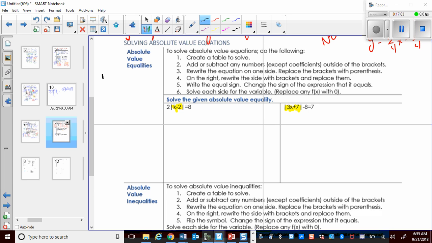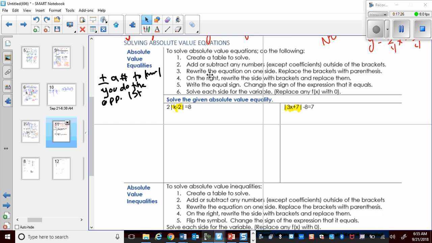Now, things that are important here. If you are adding or subtracting a number to what's inside the bars, you do the opposite first. Okay?